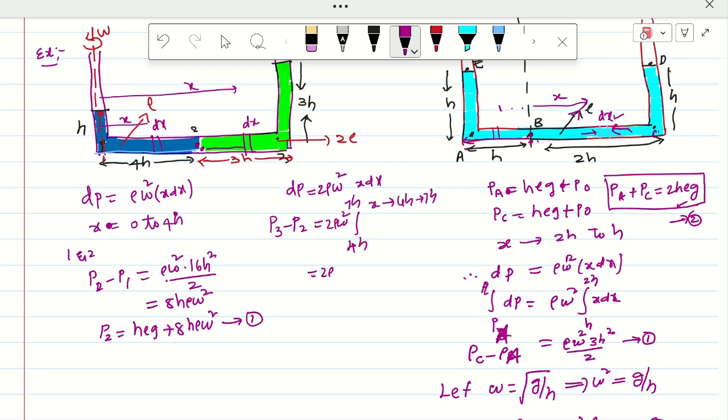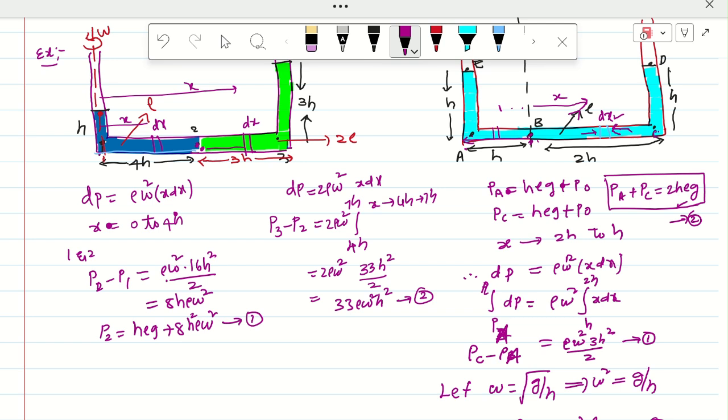That equals 2 rho omega square into (49 minus 16), 33, h square, by 2. So that equals 33 rho omega square h square. This is equation 2.